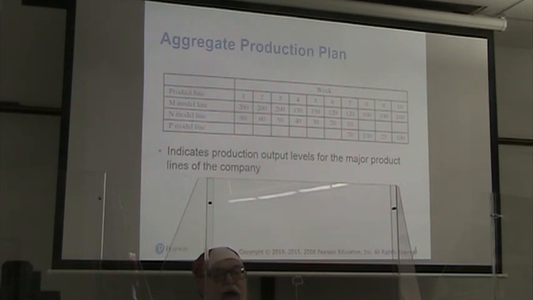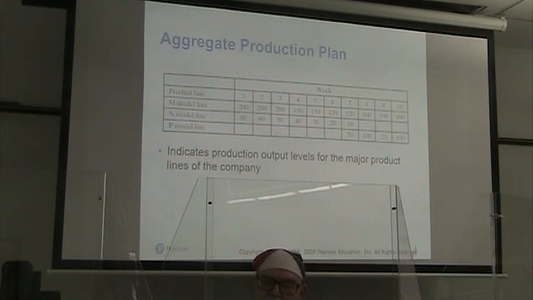So here is our aggregate production plan, where we say, all right, we have 3 model lines, the M model, N model, and P model, and by weeks, week 1, week 2, week 3, week 4, we say how many of those model lines are going to be made.